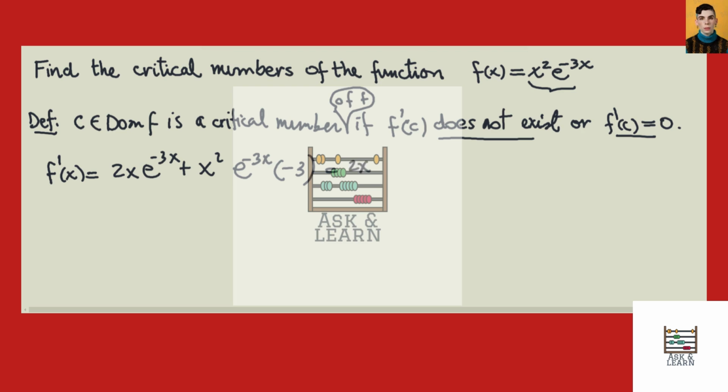And we get 2x e to the negative 3x minus 3x squared e to the negative 3x, and now we can take common factor out x e to the negative 3x, and we get inside parentheses 2 minus 3x.